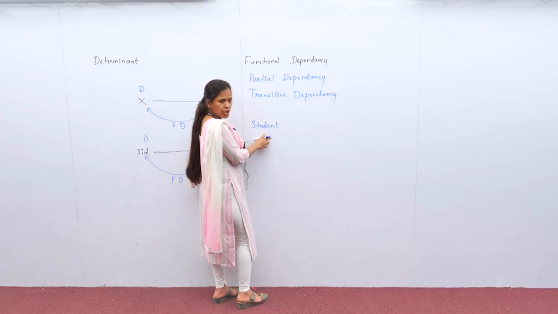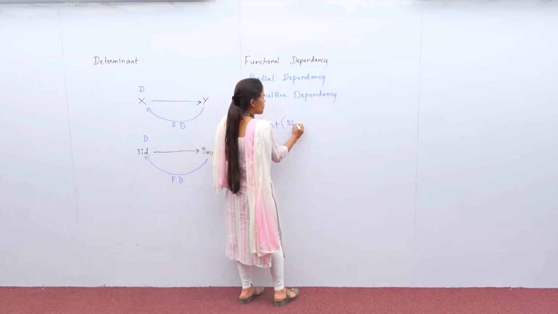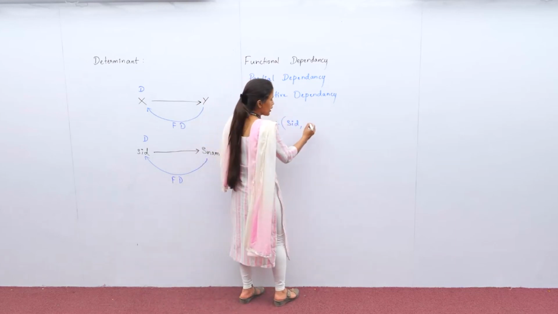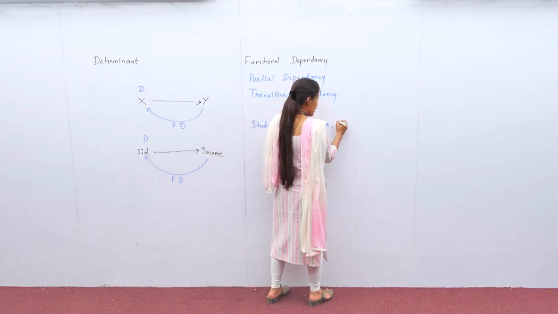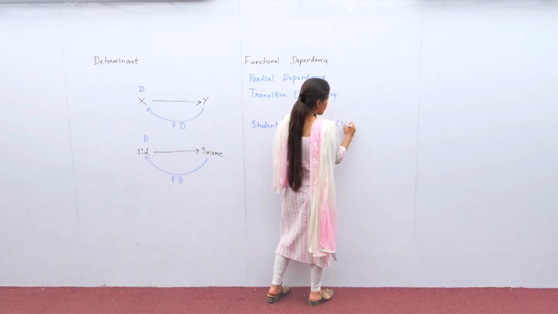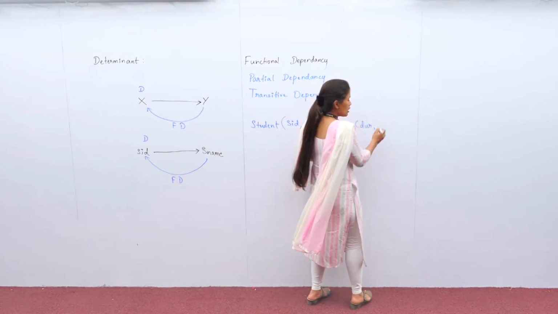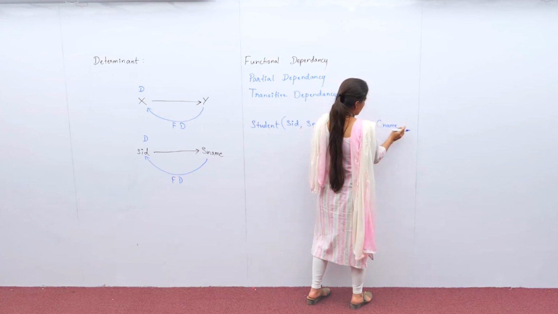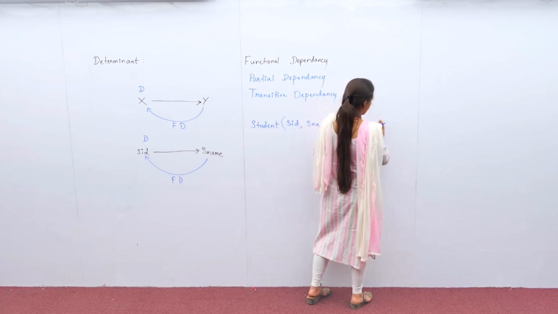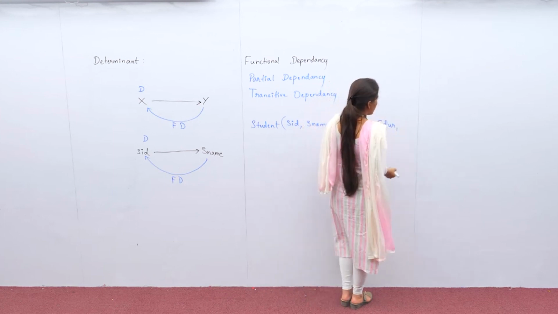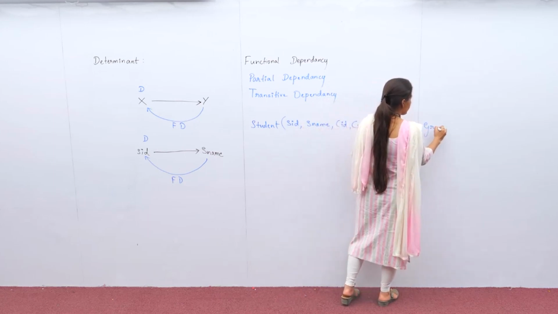Maybe I have a relation by the name student, and within the parenthesis, what and all attributes will be present? Student ID, student name, maybe let's say course ID, let us assume in the same relation, and I have course name, then course duration, then maybe student marks, then student grade.